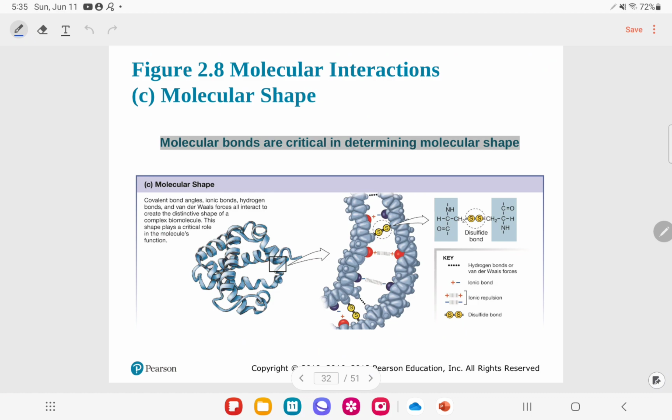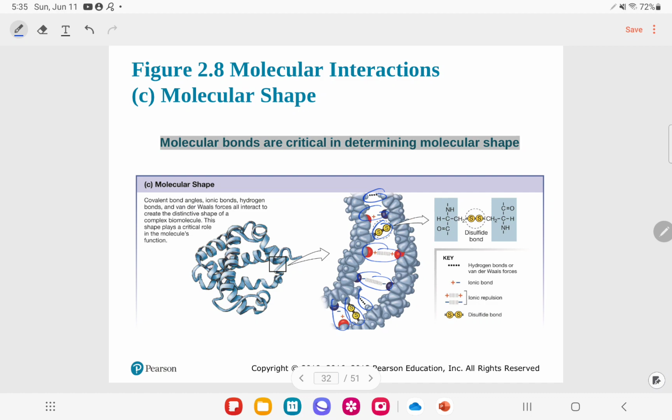So the molecular bonds are very important. These bonds and interactions are critically important in determining the actual molecular shape of a molecule.